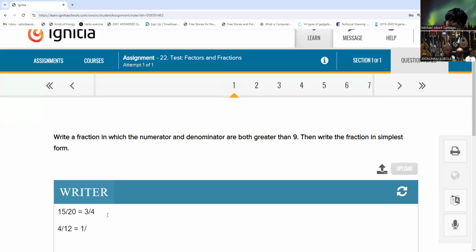What is 12 divided by 4? Yes, 3. So now do you understand how to reduce a fraction to simplest form?